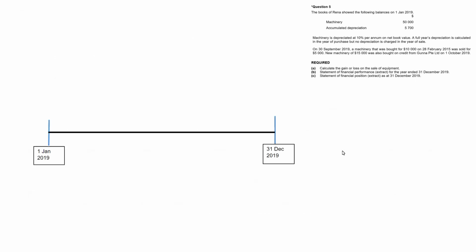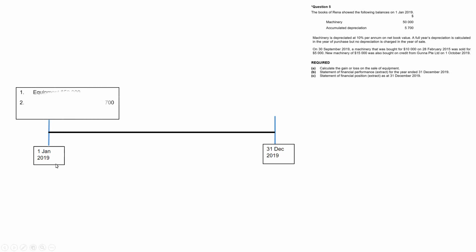I will minimize the question on my right so that I have enough space to do my timeline. I'm going to start off the timeline. The year end for this business is 31st December 2019, on my right. On my left will be the beginning date, 1st of Jan 2019.